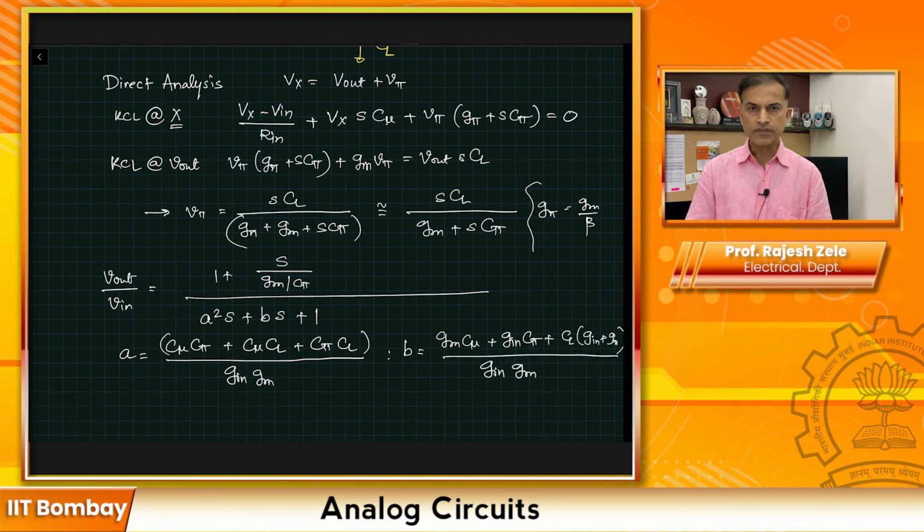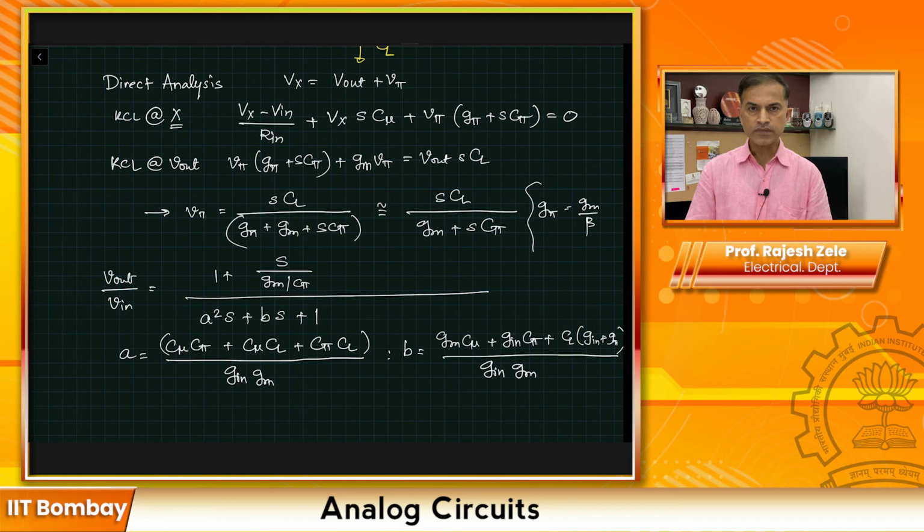So this looks like a complicated analysis, but that's okay. We have a quadratic equation in the denominator, so we can use that to figure out the two poles of this particular equation. An interesting point here is the numerator. What is the numerator telling you? The numerator is telling you that there is a left half plane zero. When we say left half plane, what that means is it's a negative number.